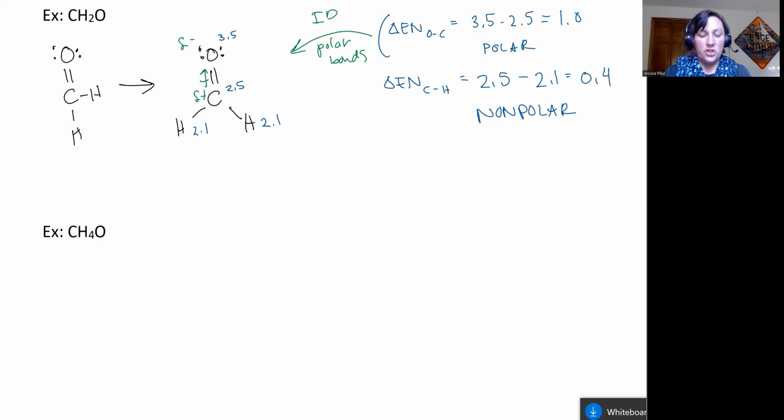And so there's no symmetry of polar bonds around the central atom. So I don't have to worry about it being one of those it's polar but nonpolar situations. So because half of this molecule has an uneven distribution and the other half kind of is sharing evenly, I'll have an uneven distribution overall. And so this will be a polar molecule. If I wanted to create a large dipole moment for the molecule, I would do something like this.